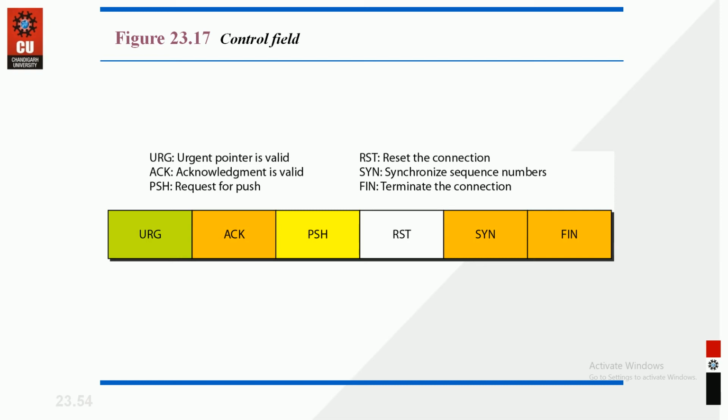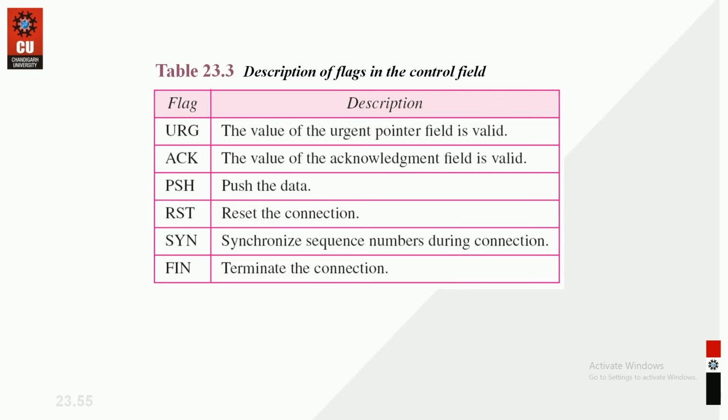RST, reset, restart the connection. Acknowledgement is valid. Valid means that whenever the value is 1, it is valid, otherwise it is not valid. SYN, synchronize sequence numbers. FIN, request for termination of the connection.